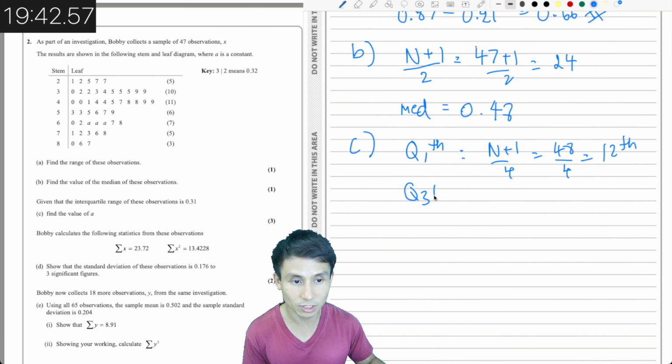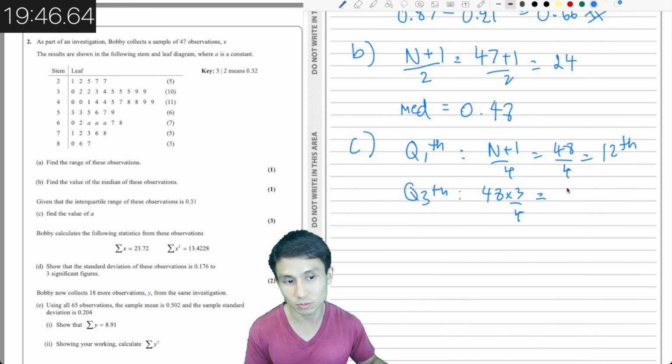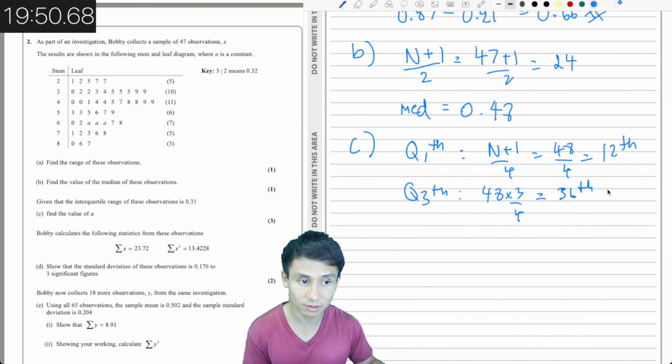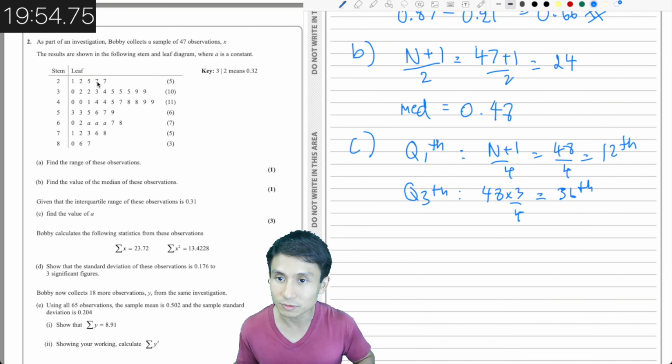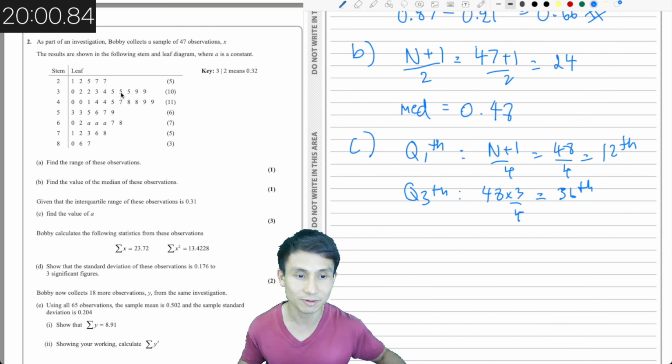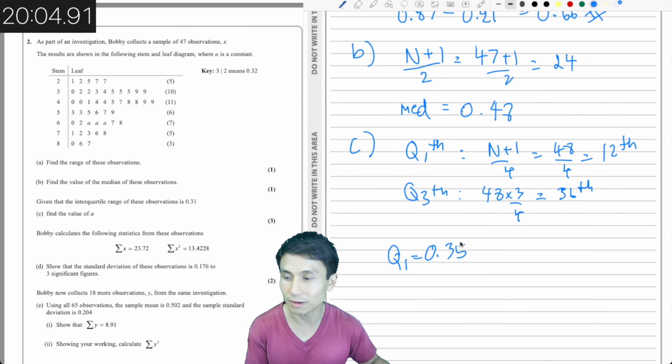And Q3 would be at 48 times 3 over 4, that would be at 12 times 3, the 36th observation. So counting to 12, that's 0.35. So Q1 equals 0.35.